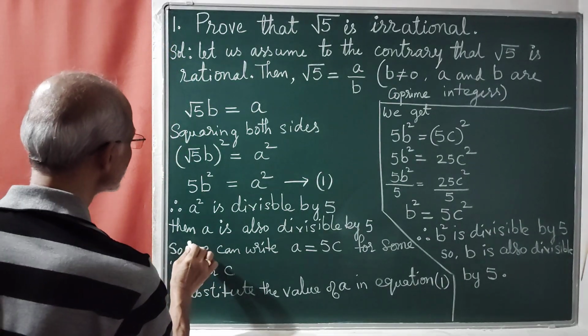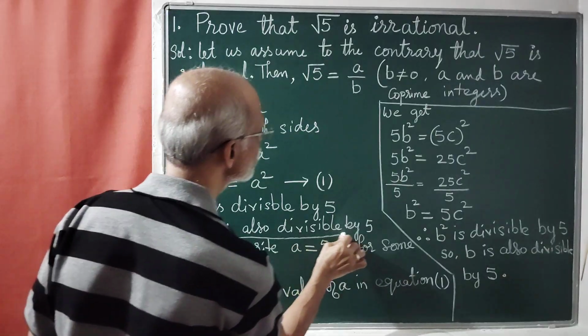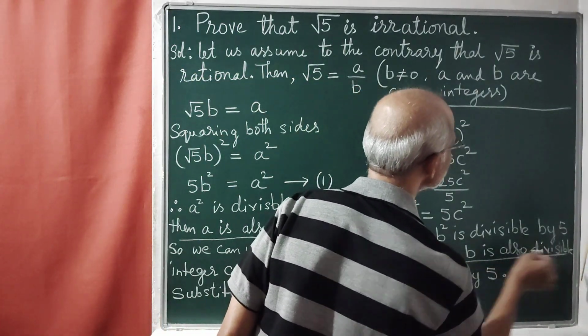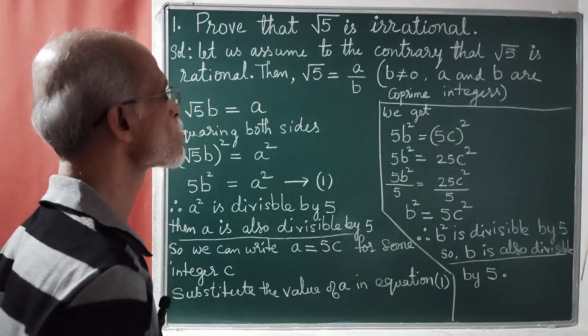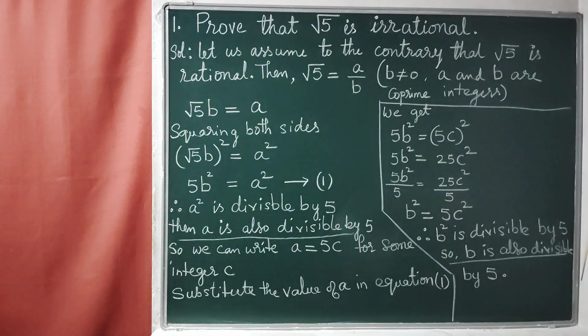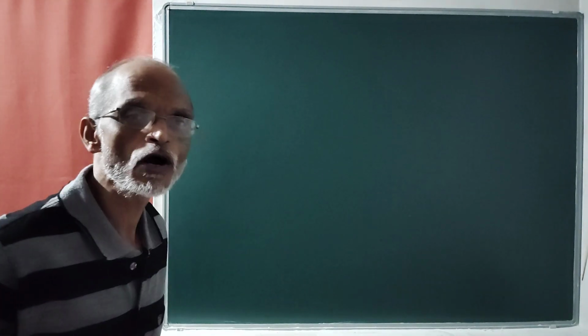You can see here, we have shown that a is divisible by 5 and b is also divisible by 5. Till now what we have shown?